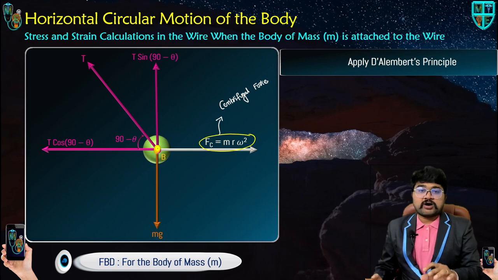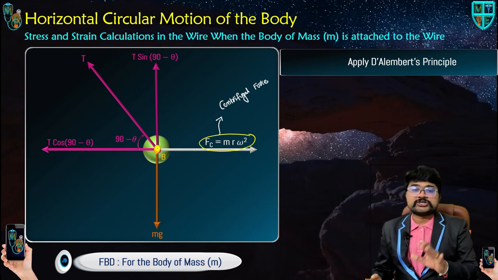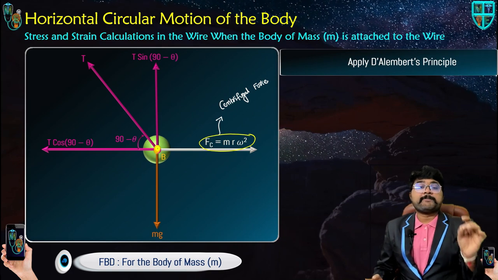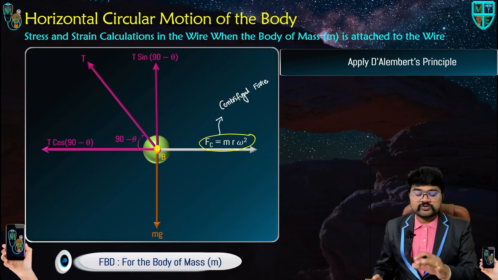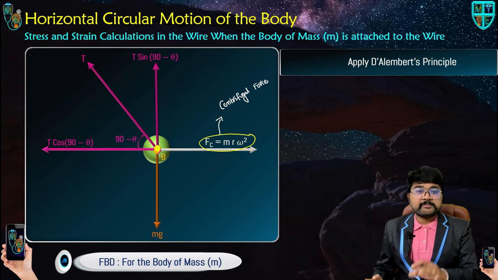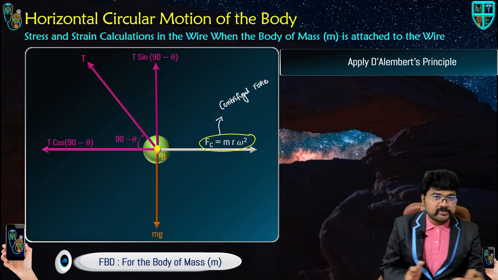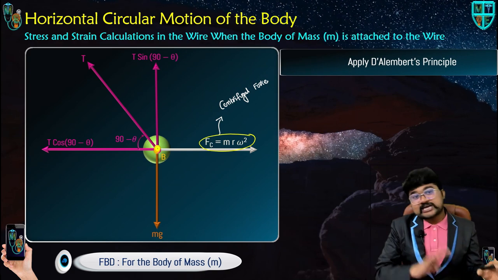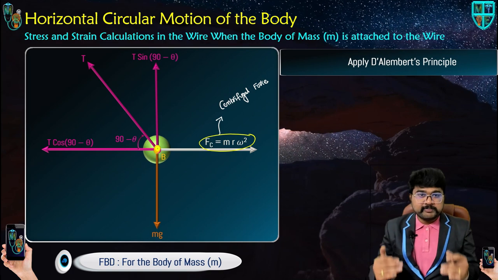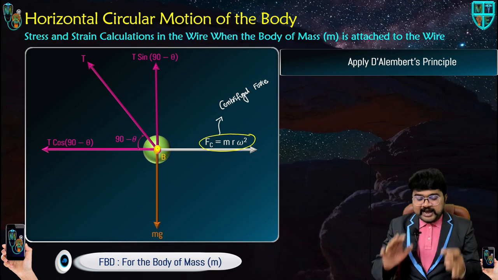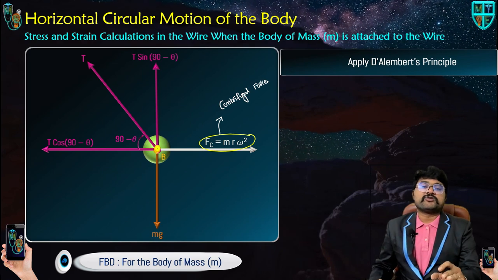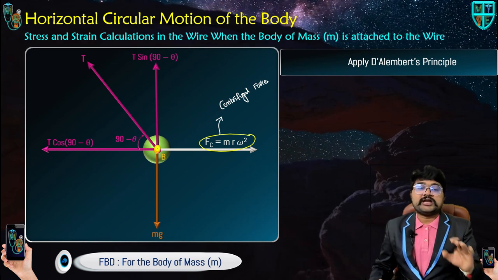Centrifugal force always acts opposite to the direction of centripetal acceleration. I represented the centrifugal force in the free body diagram, meaning it is acting opposite to the direction of the acceleration of the body. That means the total motion of the body is nullified by representing the centrifugal force in the free body diagram.